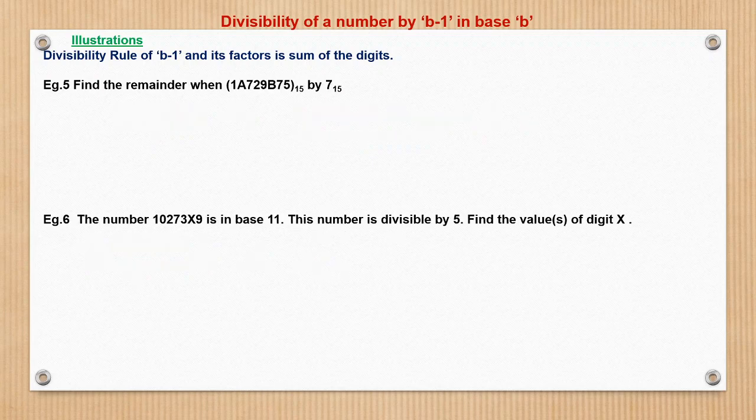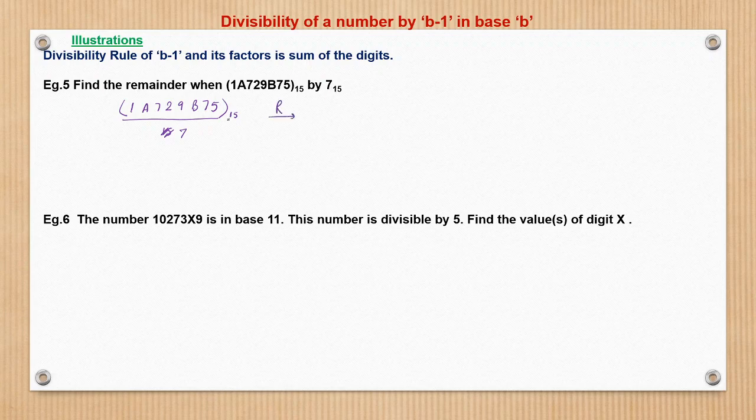Now let us see another example. Find the remainder when 1A729B75 is divided by 7, in base 15. So here the base is 15 and the divisor is 7.